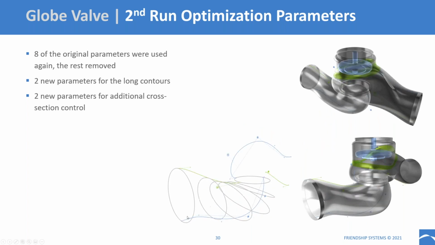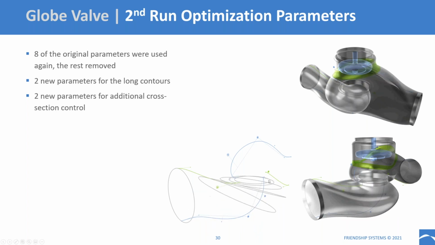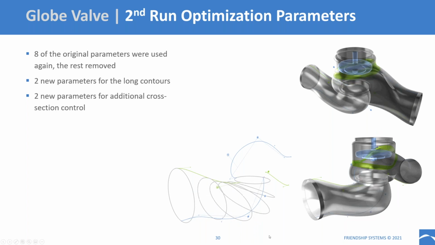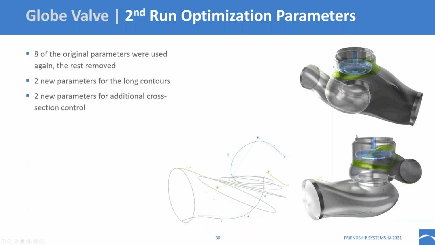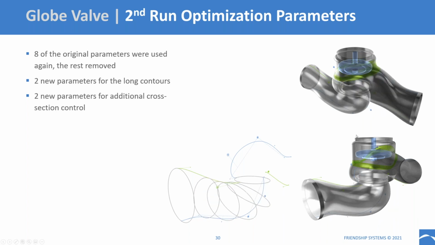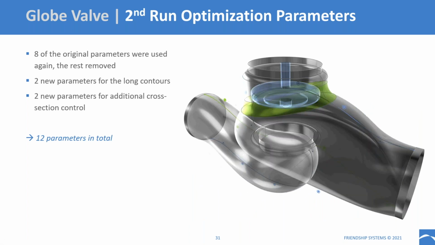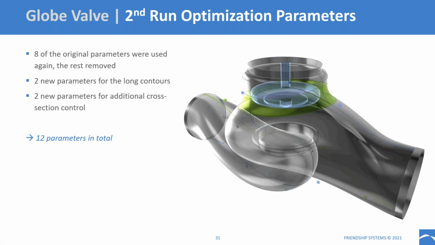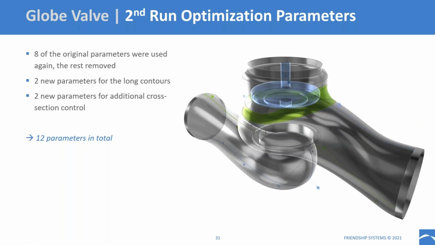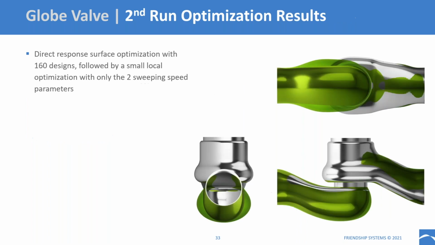You can see that the cross sections move much quicker to the end of the contour, and that also creates some quite dramatic changes in the geometry. So for the second optimization study, we had 12 parameters in total. Again, you can see a combined variation here in the animation.